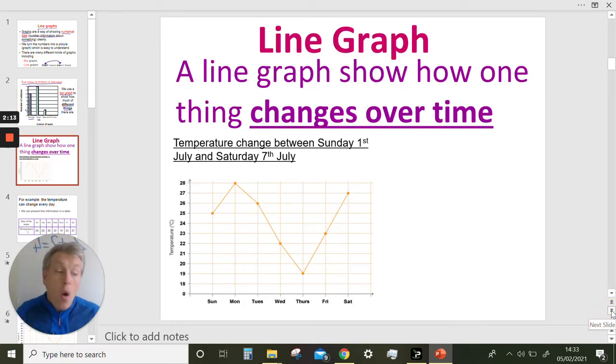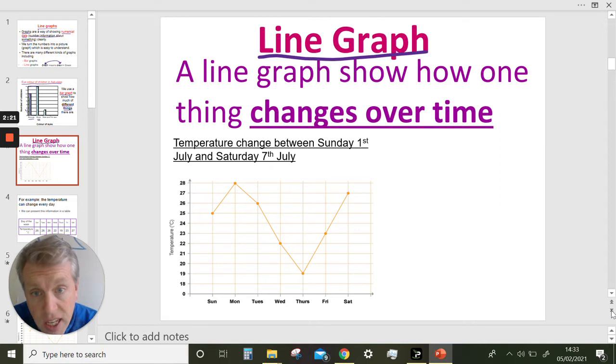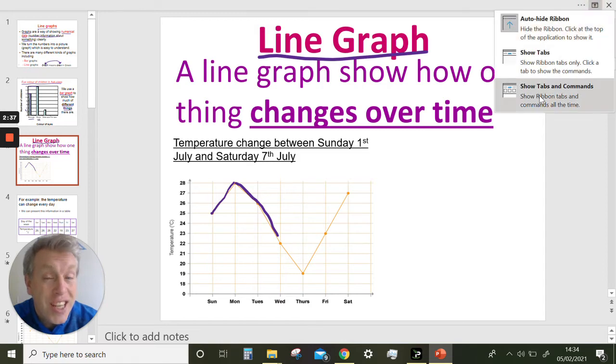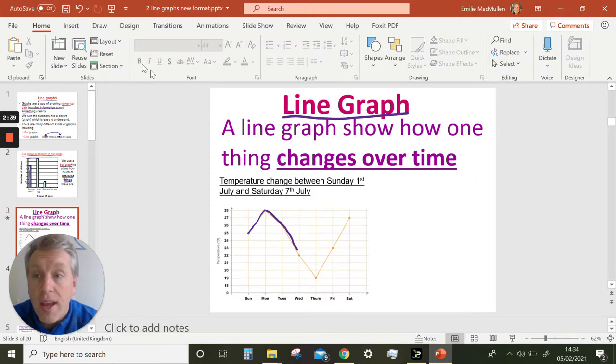Okay, now a line graph. Now that line graph, that's what we're learning about today. A line graph is different. A line graph might look like this. Can you see why it's called a line graph? Well, it starts with a dot here, then the line goes up, and then it goes down, and then it keeps on going down. So a line graph shows how one thing changes over time.